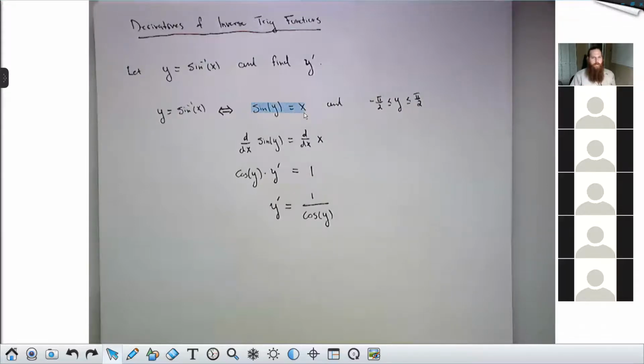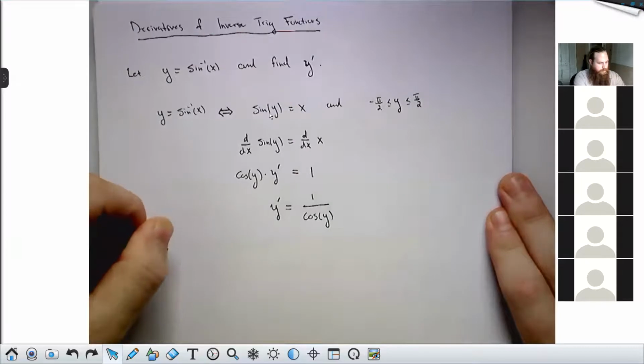I'm going to take this relationship and make use of it. So y is the inverse sine of x. There's a bunch of ways to do this. I think the cleanest way is to draw a triangle.